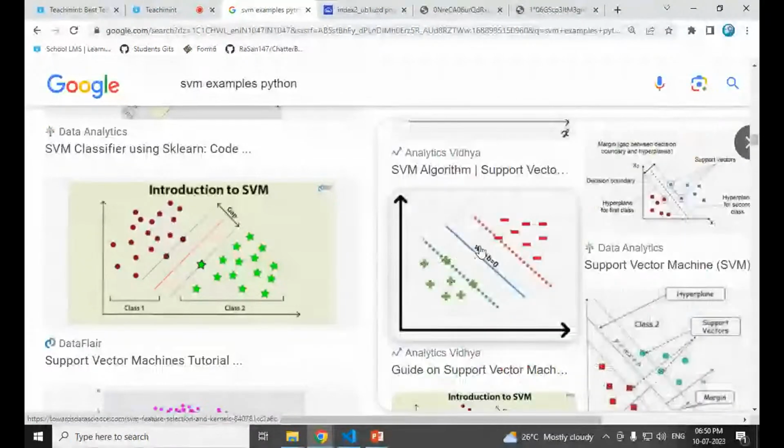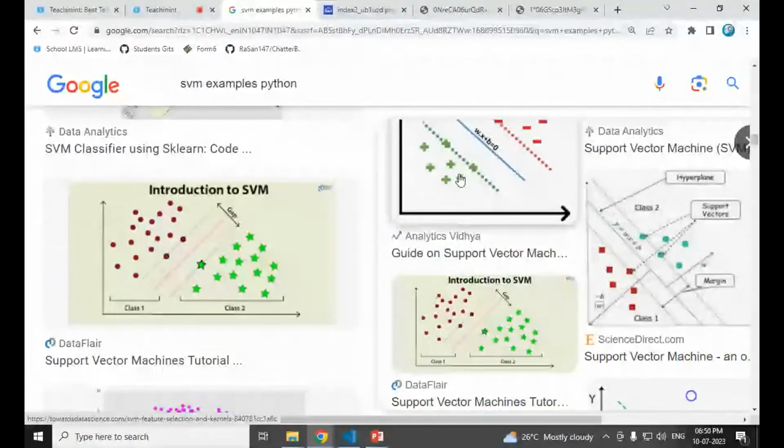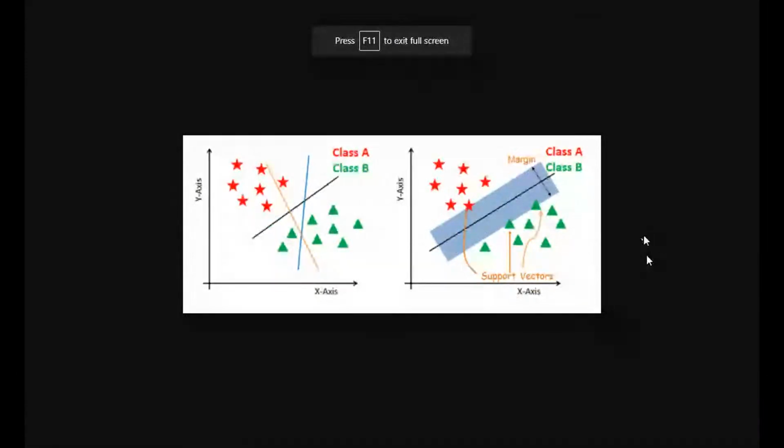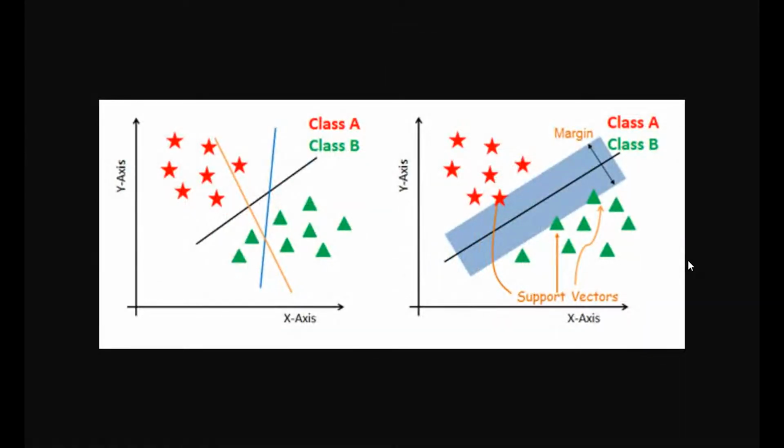Okay, we have class A and class B, and we are trying to draw different lines which best fit. We initially said in the explanation that SVM's main target is to find the best fit line, or best fit boundaries.